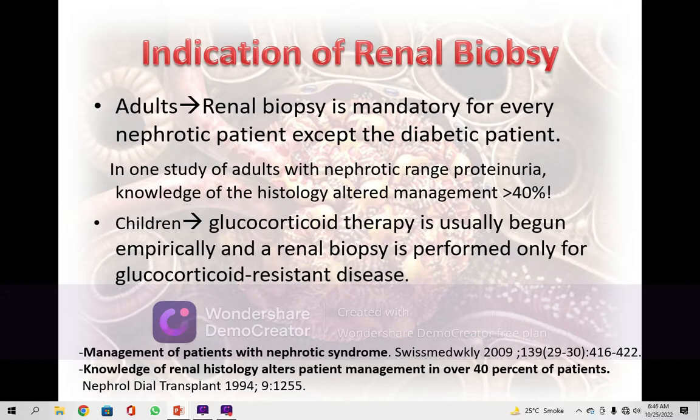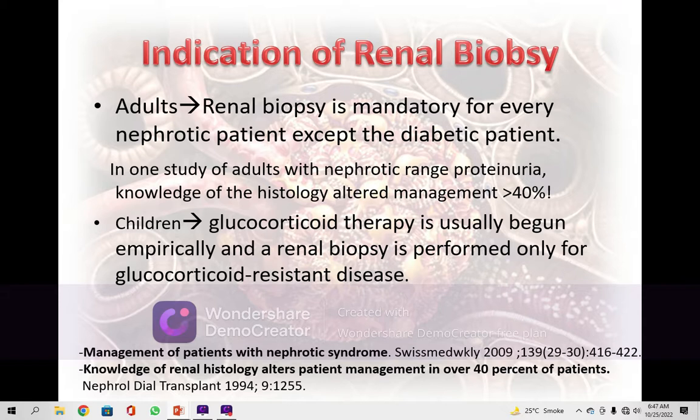Now, indication of the renal biopsy: in adults, renal biopsy is mandatory for every nephrotic syndrome, except the diabetic patient, as you know diabetes will cause nephrotic syndrome. If it is non-diabetic, and you see the case in an adult, and it is the only way to reach a diagnosis, you have to do the renal biopsy.